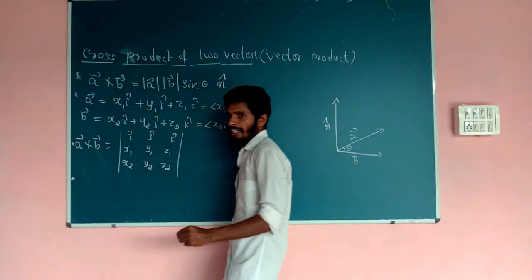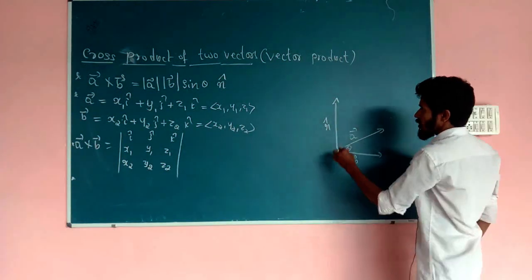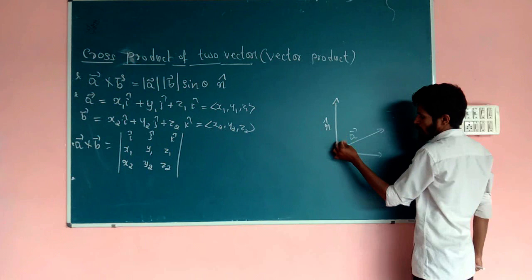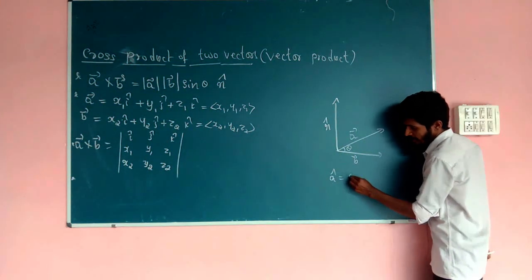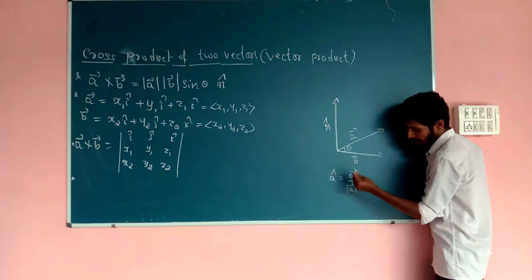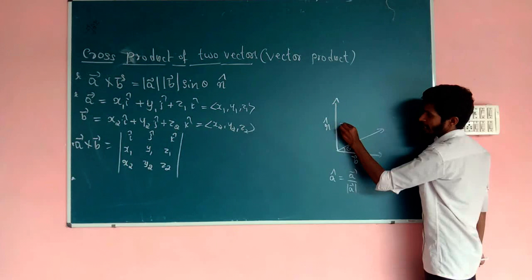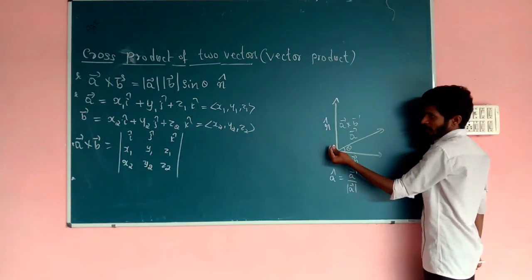Next, to find the unit vector perpendicular to both A and B. We know that A cross B is in the direction of vector n cap, correct?